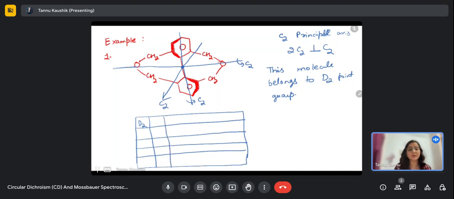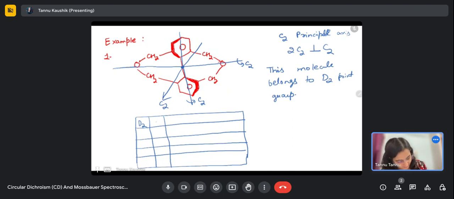To know more in detail about how we generate these character tables for a particular point group, what are classes, and how irreducible representations are generated out of it, you can look into the symmetry elements and point group theory videos on my YouTube channel, or you can also follow any NPTEL course on this.